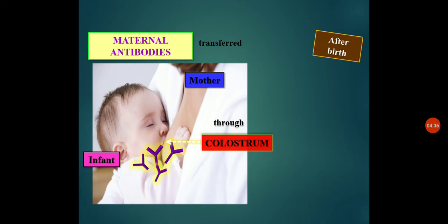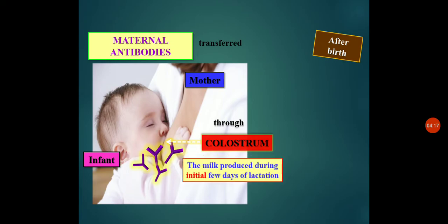Colostrum is a nutritionally rich component produced by the mother's body for the infant during the early stage of the feeding process, and the milk produced during the initial few days of lactation is rich in colostrum. Later on, the feeding may continue for 6 months, 1 year, or 2 years. It all depends upon how well the mother's body supports the process of providing milk to the young ones.